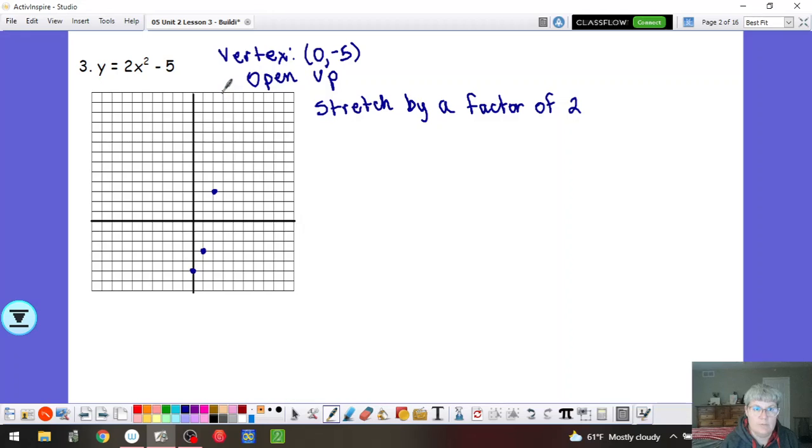And I just barely got that on this graph. I'm going to draw the reflection for the symmetry. And then we have a much narrower parabola than the previous two.